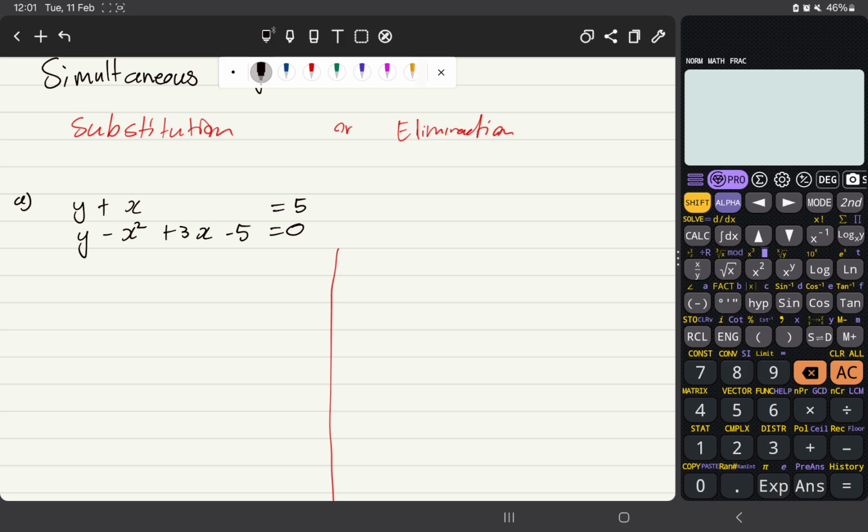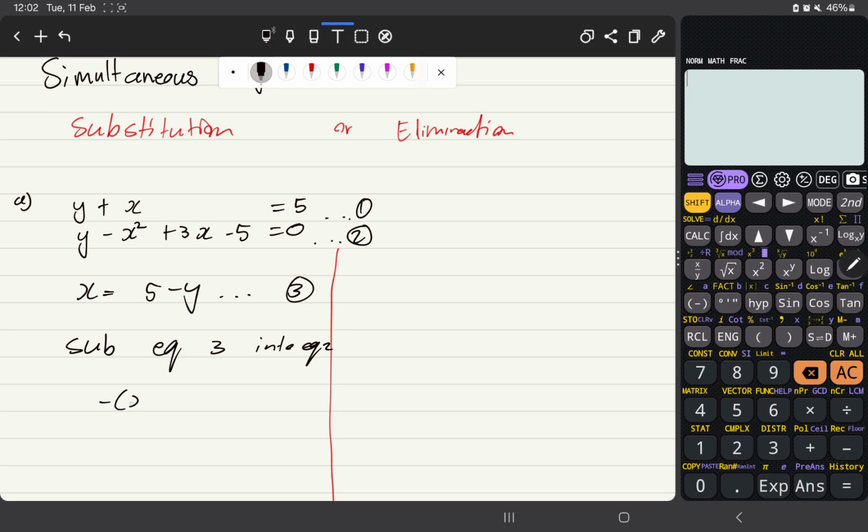So for example, if I say x equals 5 minus y, and say this is my equation 3, with equation 1 and equation 2, and now I substitute equation 3 into equation 2, I'm going to complicate my life to some extent, because I will have minus 5 minus y.